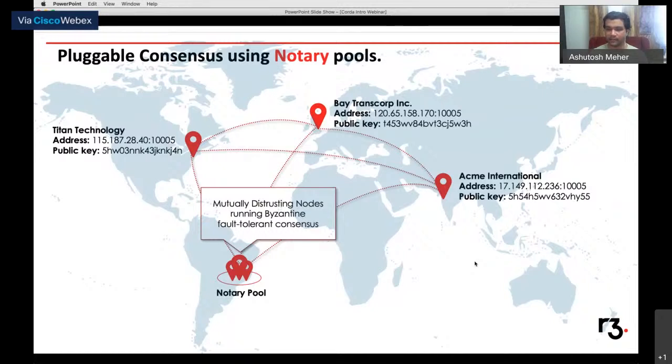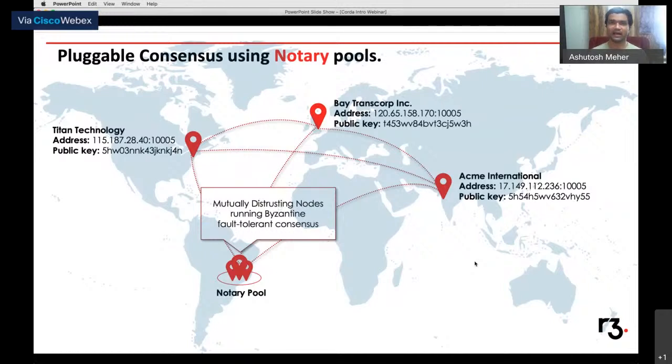Now, one doubt that people might have is how you can say it's decentralized while the notary is looking at everything that's going on. Well, that's not the case. The notary doesn't look at what's happening or what data is being transacted.